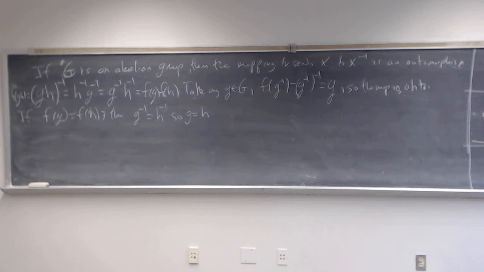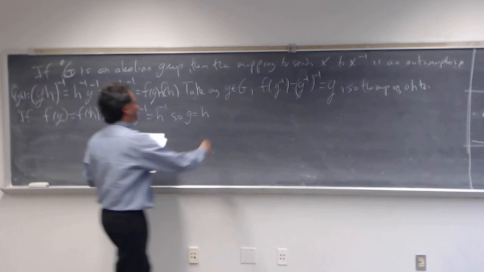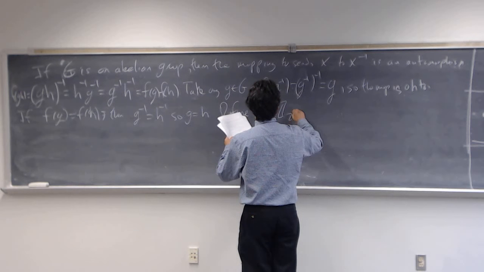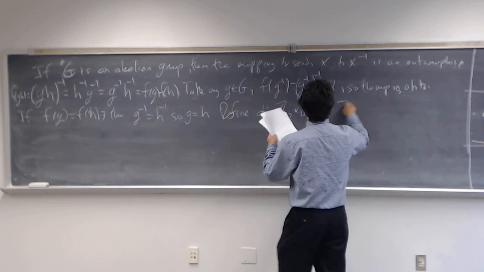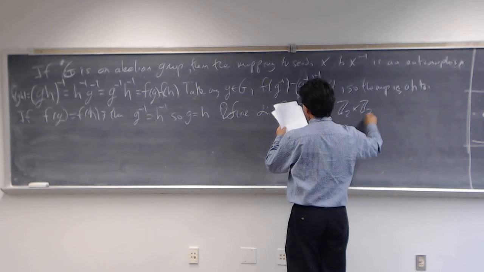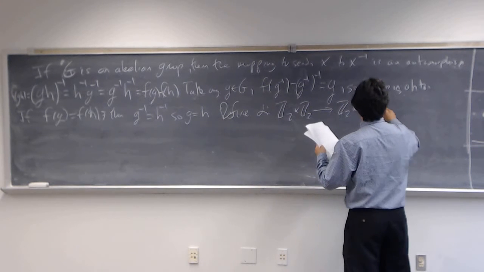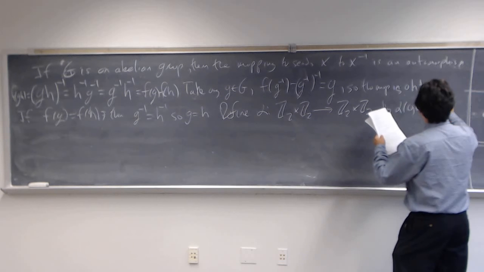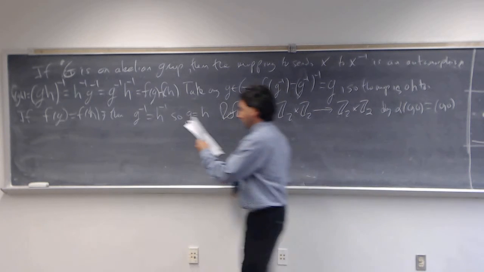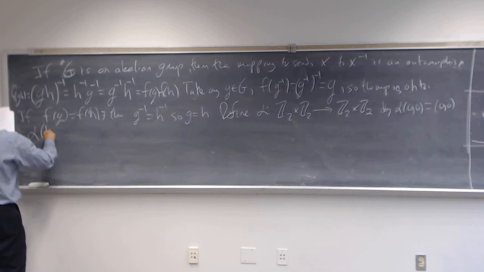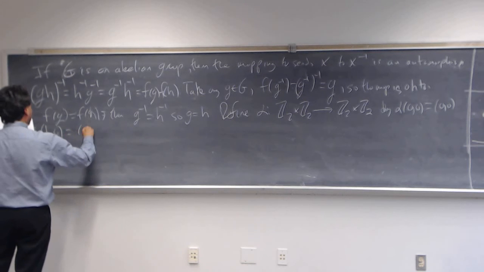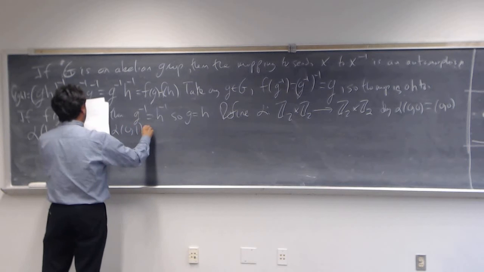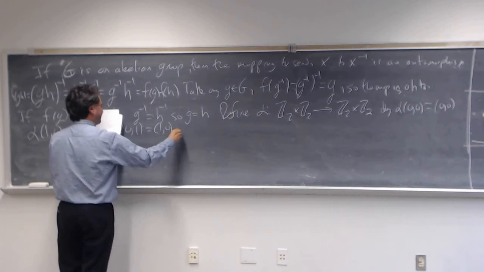Let's look at something that's not an automorphism. Let's define alpha from Z cross Z2 to Z2 cross Z2. Well, the identity is the identity. f of (1,0) is (1,0). f of (0,1) is (1,1).